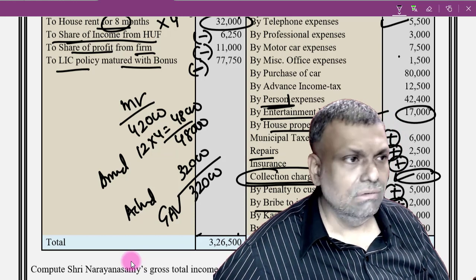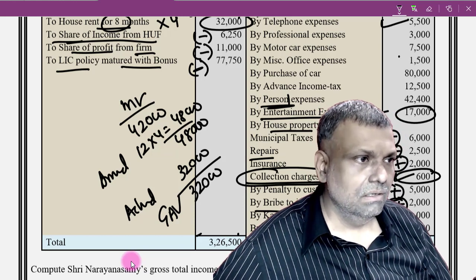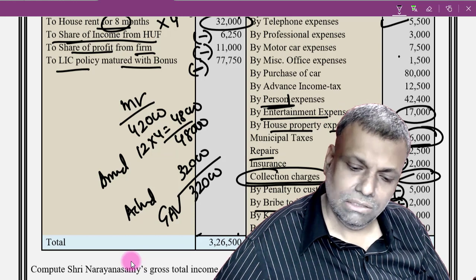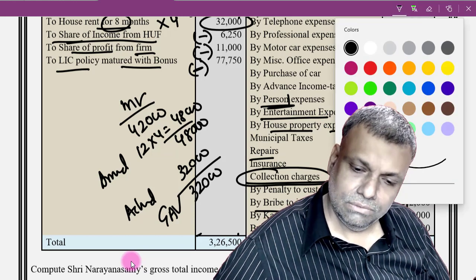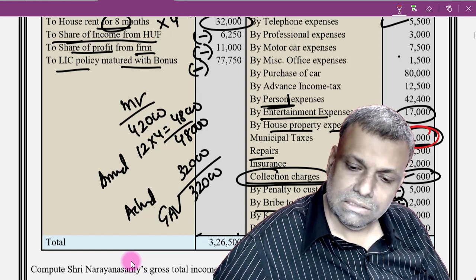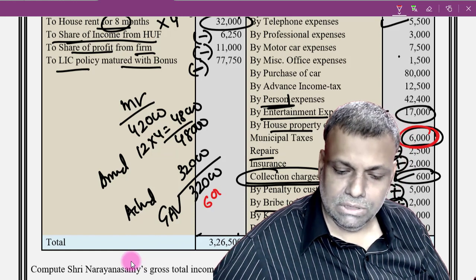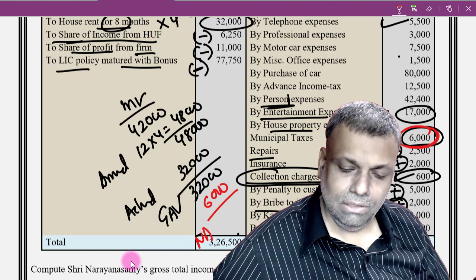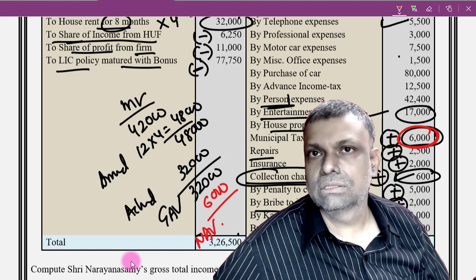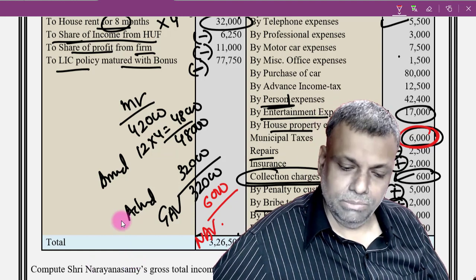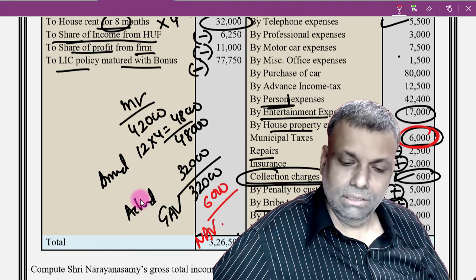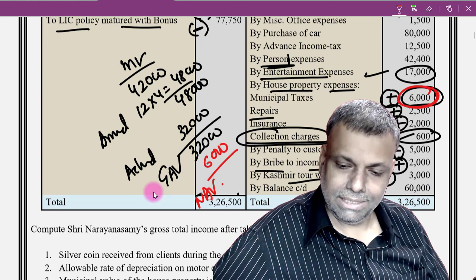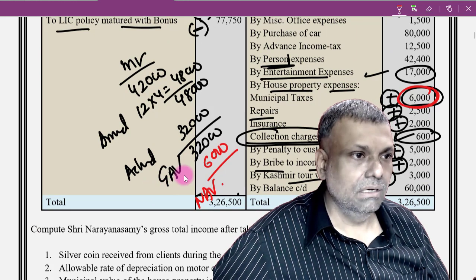From gross annual value, municipal tax paid, that data is already given, 6,000, will go. Net annual value. From that you give the standard deduction and your house property income is computed. So house property income is already done, and that's practically the end of this particular question.